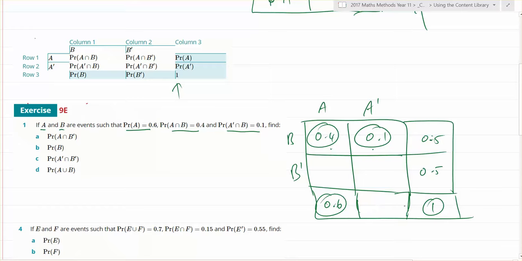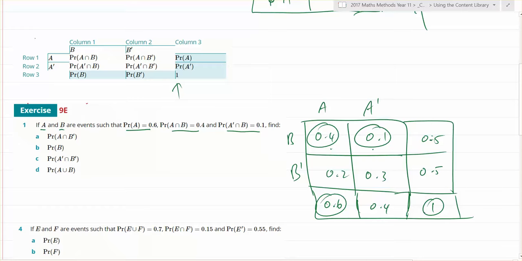I know this and this have to be 1, so that has to be 0.4. 0.3 plus 0.1 is 0.4, and 0.2 plus 0.3 is 0.5. So once I've got the values filled in from the data given, I can fill in the rest because I know that the rows and columns sum up to their totals, and in total the final row and column sum up to 1.